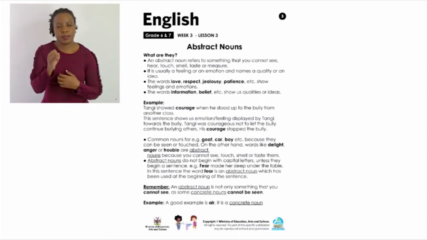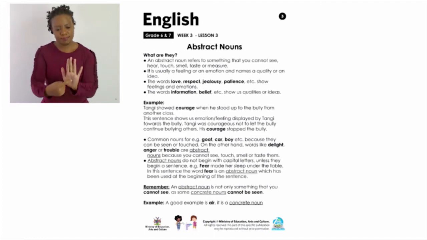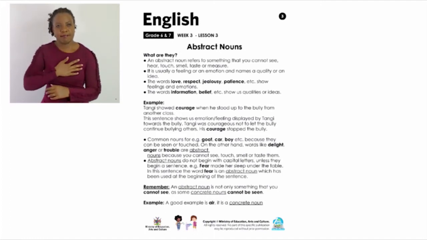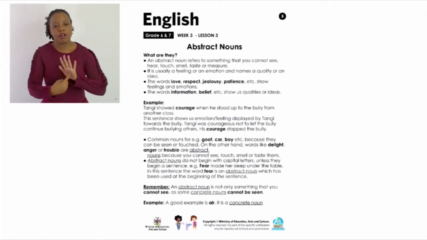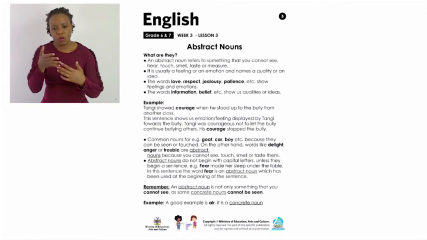The words love, respect, jealousy, patience, etc. show feelings and emotions. The words information, belief, etc. show us qualities or ideas. Now, let us look at the words I'm going to write on the board.